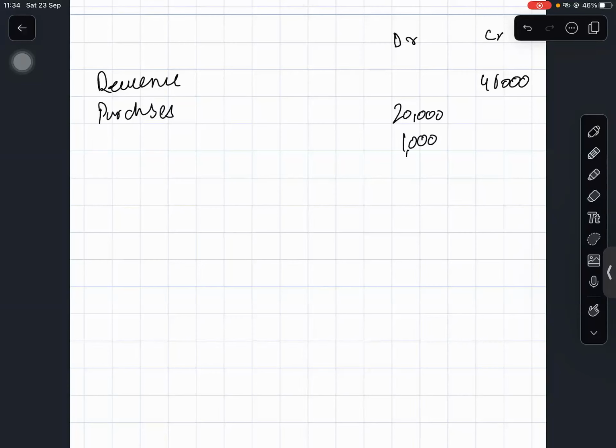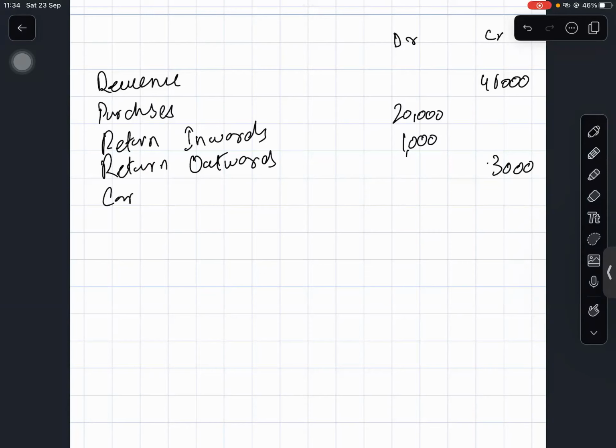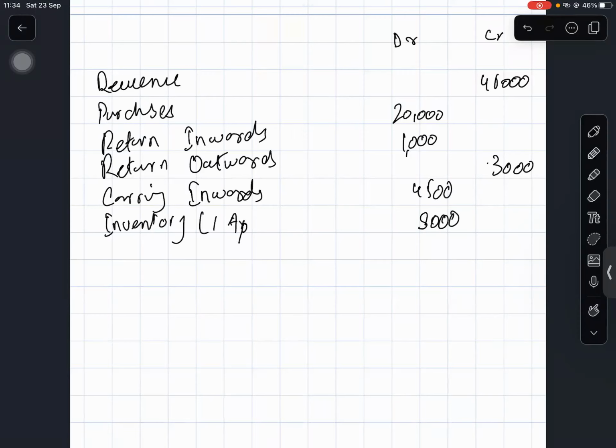Then return inwards of 1,000, return outwards of 3,000. Then you have carriage inwards of 4,500, and you have $8,000 of inventory.